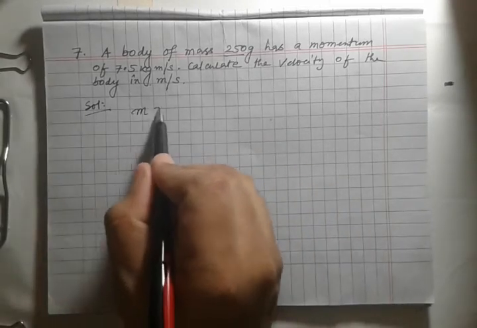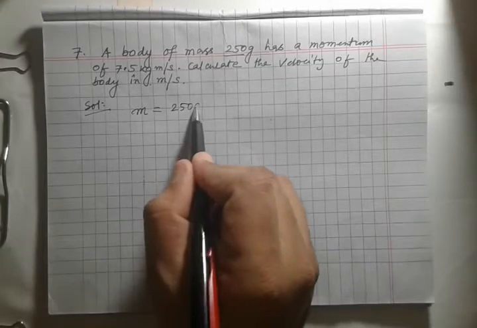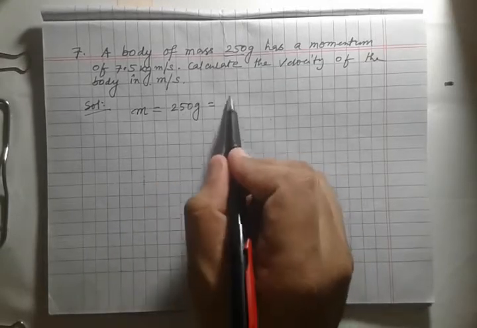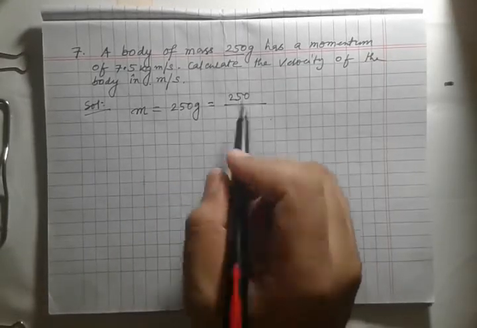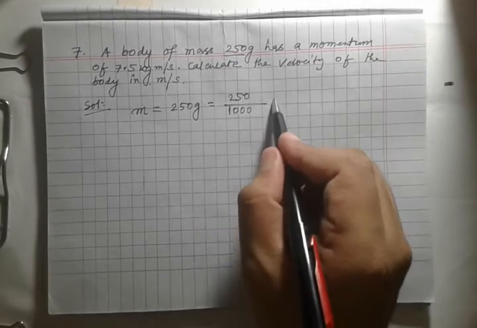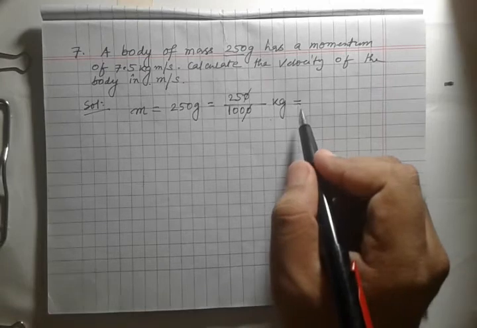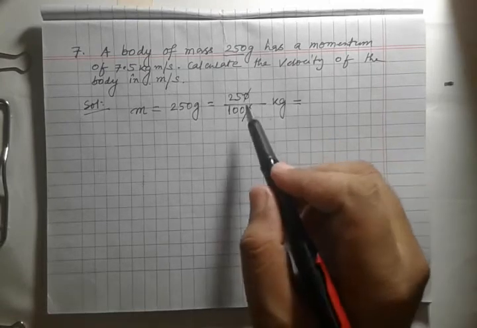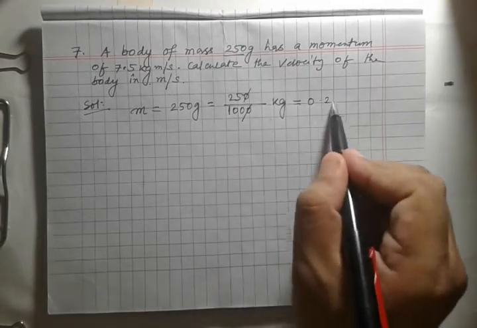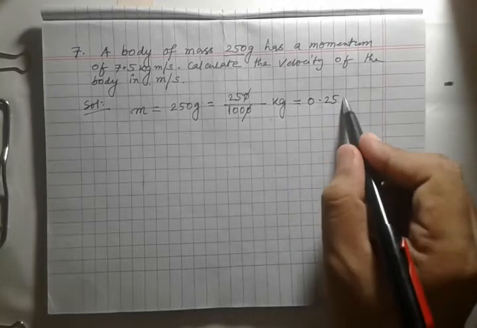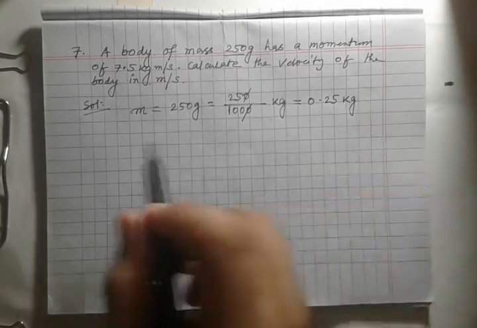So first we write m is equal to 250 gram. Convert into kg, that means 250 divided by 1000 kg. This will get cancelled. So how much will it be? 0.25. So 0.25 kg.